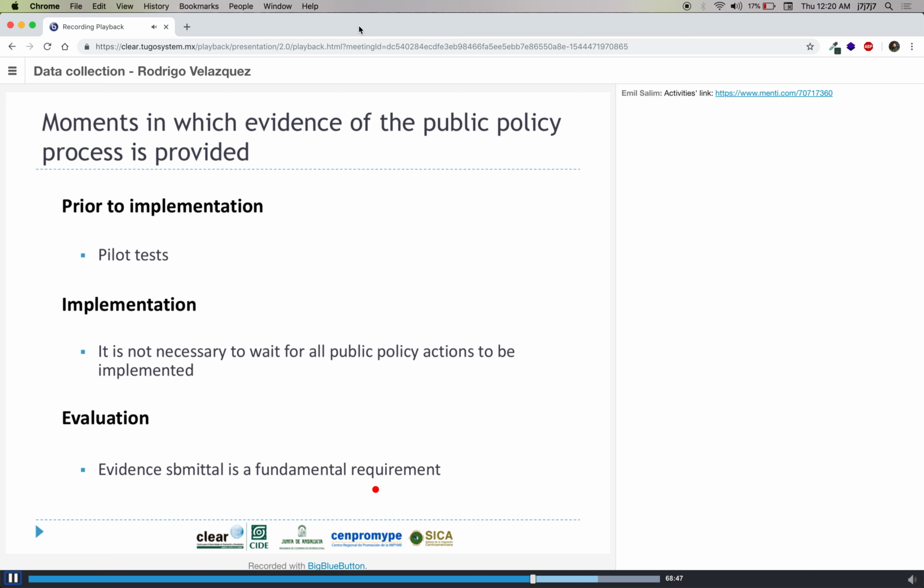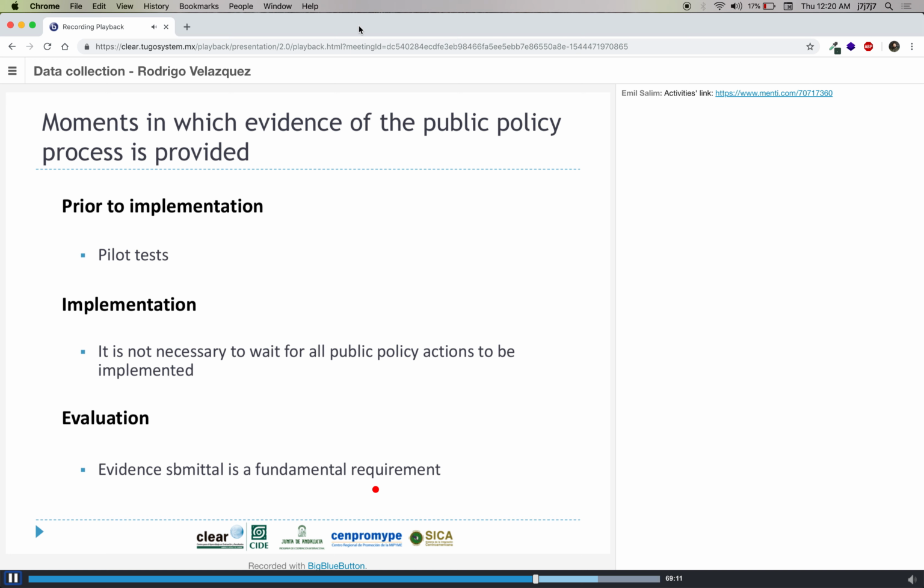So in a general way, we can say that evidence can generally be provided in every single stage of the public policy, and these stages have their own objectives concerning the adjustment.